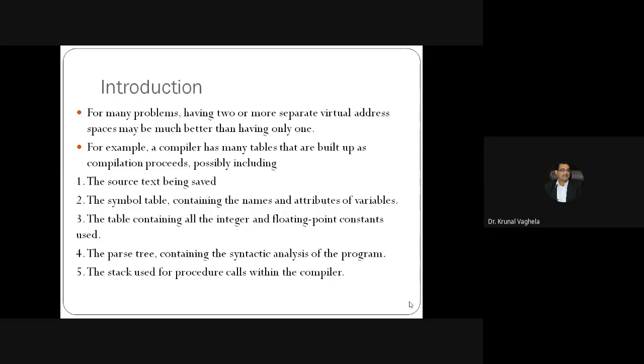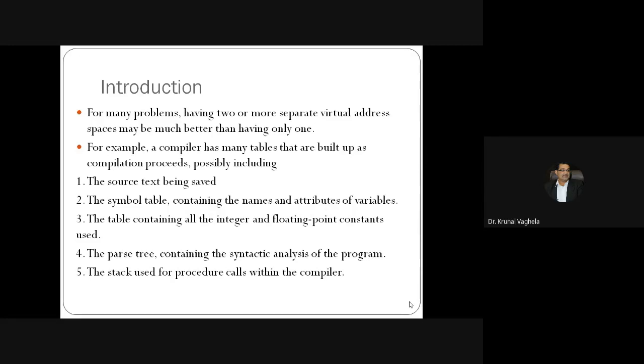So what it is telling is that for many problems, so it is not for all, but many, having two or more separate virtual address spaces may be better than having only one. So rather than having only one virtual address space, the idea is to have more than one separate virtual address space.